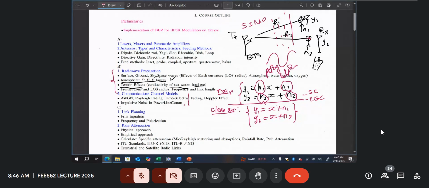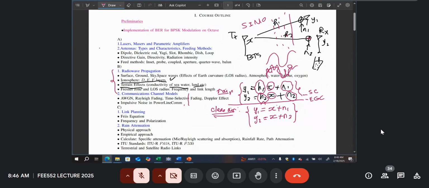Yeah? You just sum them, because the signal that you're looking for is X. So you can just sum them and then process that signal. You either assume that it is coming through attenuation or no attenuation in the clear air.